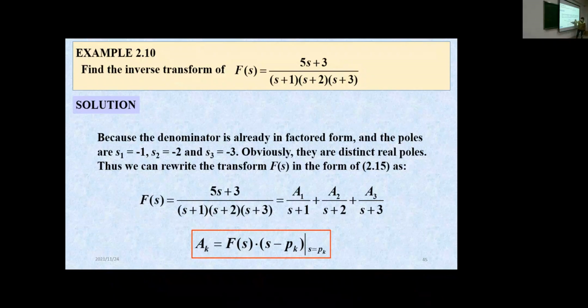What's left is (5s plus 3) divided by this, right? And get this equation. Then let s equal to pk, which is -1. So we get -1 here, -1 here, -1 here. After counting this out, we can find A1.